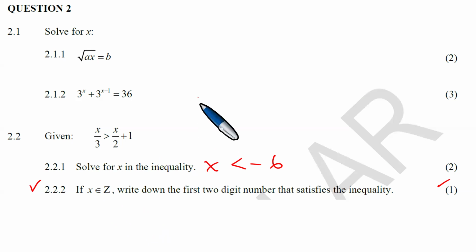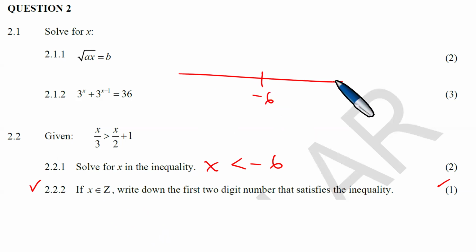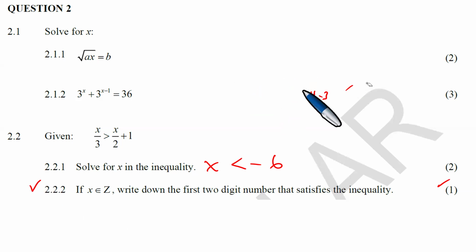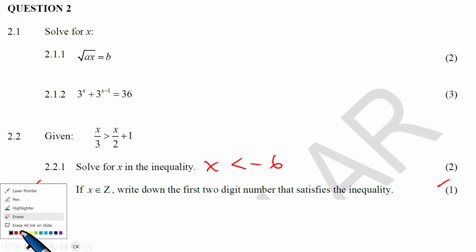Okay, that's fine. So now, you know what you need to do here? You need to go back to the basics and say there's -6 on the number line, and there's -5, and there's -4, and there's -3. Let me just write a nicer number line here.